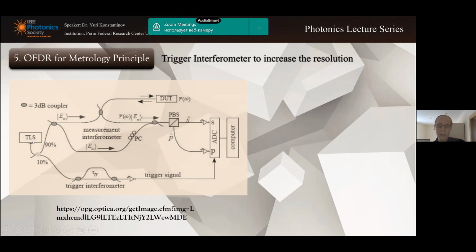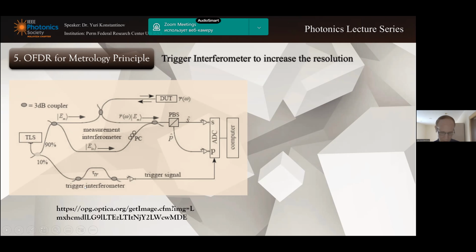But in reality, it's not linear. So if we provide a fast Fourier transform for this signal, we can see the peak, which slowly drifts to the left and to the right, following the non-linearities of the scanning.